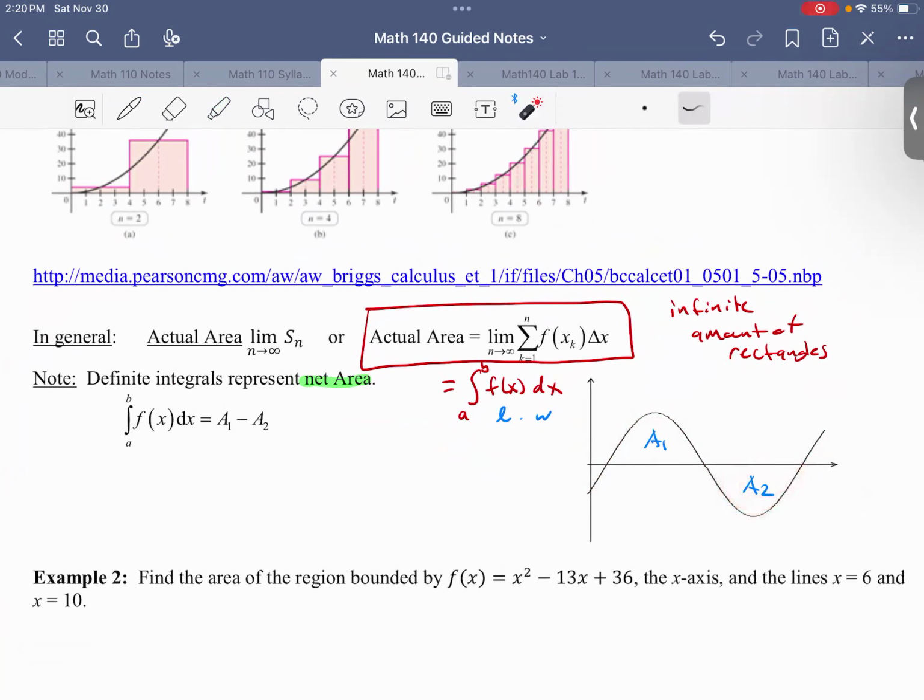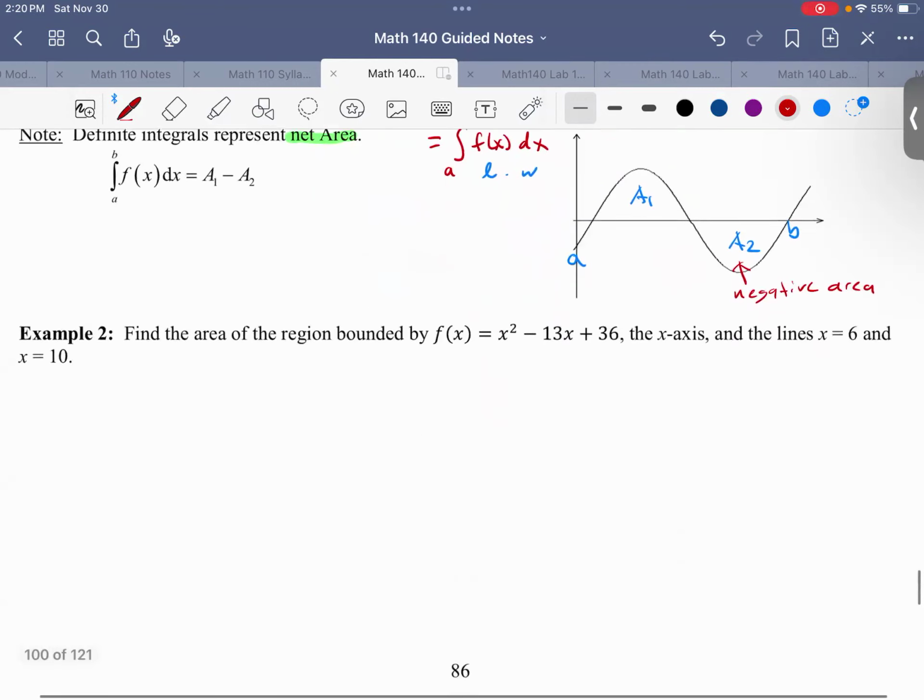So that's why if you integrate from, let's say, a to b, and one portion is below the x-axis, it's going to become a negative area. So that's why this area from a to b would be A1 minus A2. So that's how net area works. If it goes below, it's negative area.